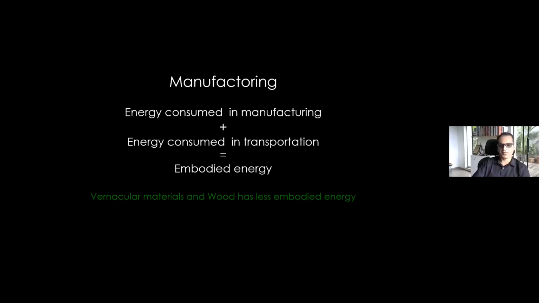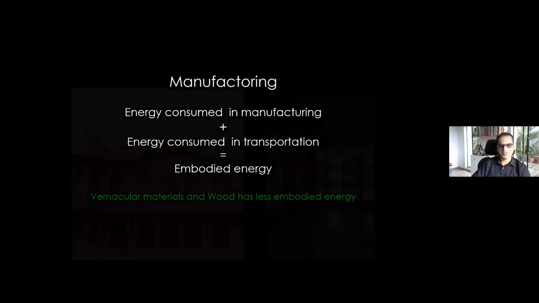Whereas if you compare wood with other materials like aluminum or steel, they require a lot of energy in the manufacturing process. So wood is, of course, the best sustainable material, provided it is planted exclusively for construction as a building material, and not taken from the jungle. If you cut jungles and use wood, then it may not be sustainable because you are causing deforestation. So it's very tricky when you call wood a sustainable material.